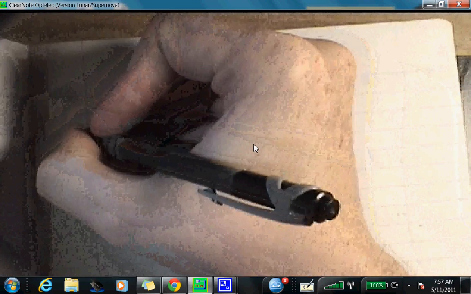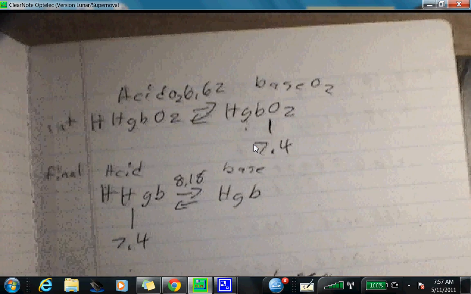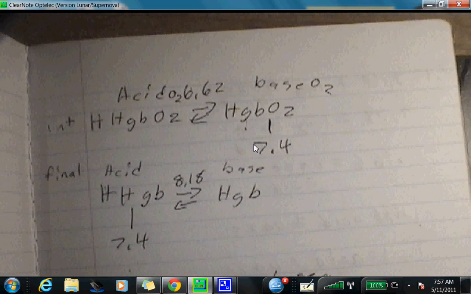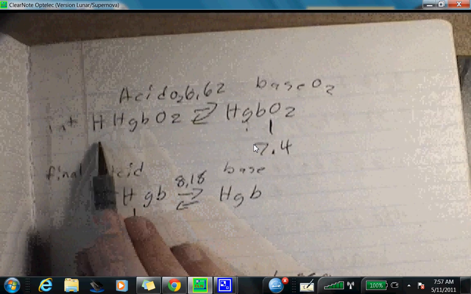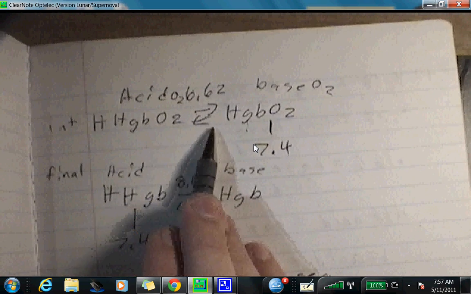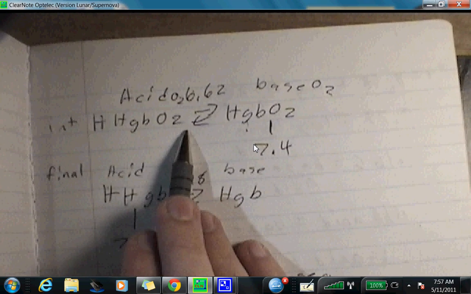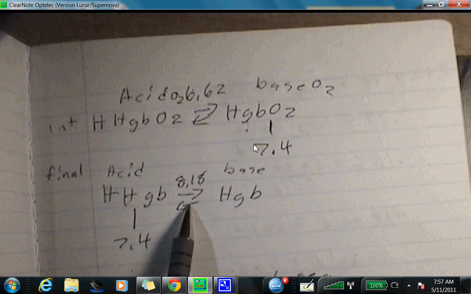So we want to write out where our initial and final are. This is our initial. We're starting off with this, and then we release 1 mole of this, and it becomes 1 mole of this.